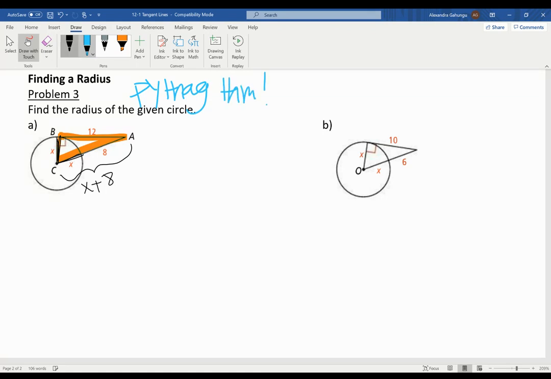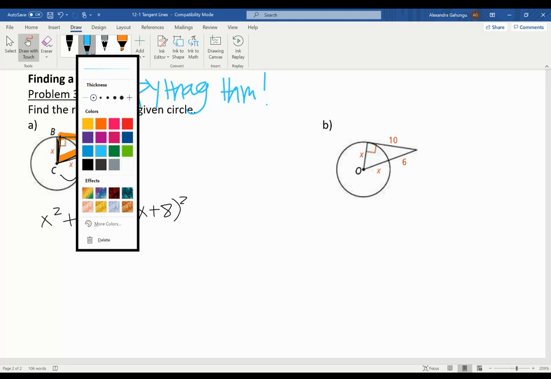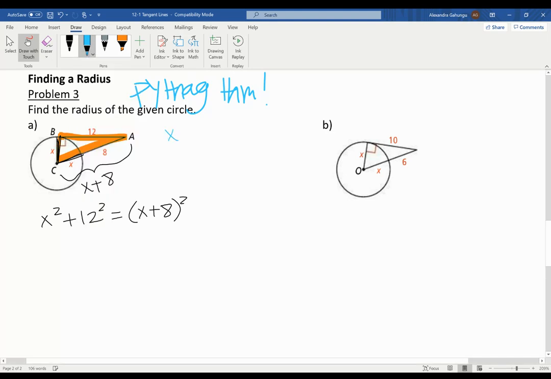So I've got the sides, and my hypotenuse is AC, so it goes x squared plus 12 squared, the sum of the legs squared, is equal to the hypotenuse, x plus 8, the quantity, squared. Now, if I have x plus 8 squared, that means it's x plus 8 times x plus 8.